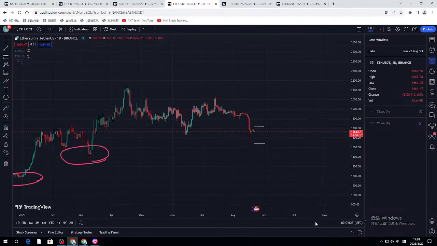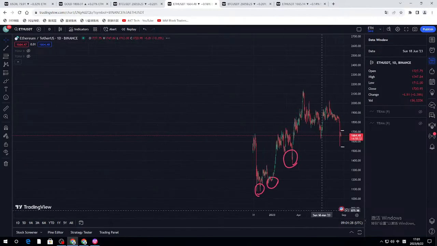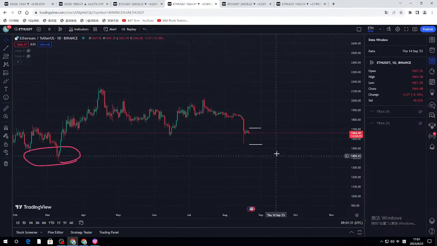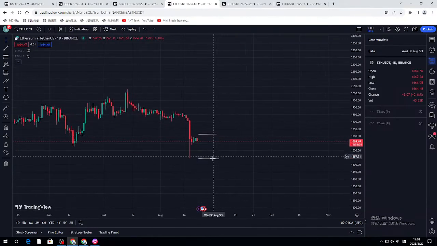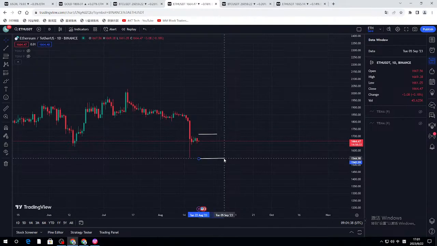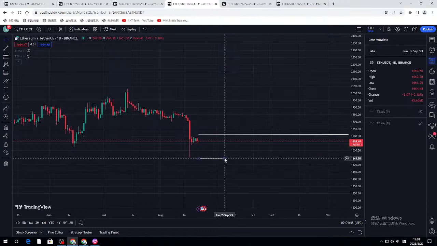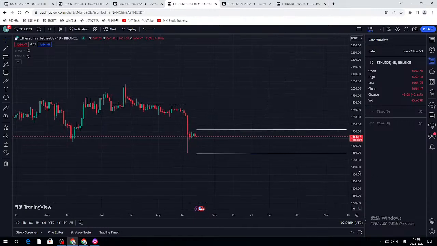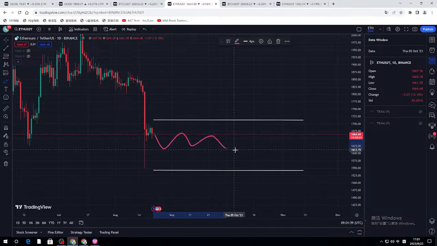In the 1-day chart you cannot look as closely as the 2-hour chart, but as you can see right here, it can go between, making a lot of wave style in here.